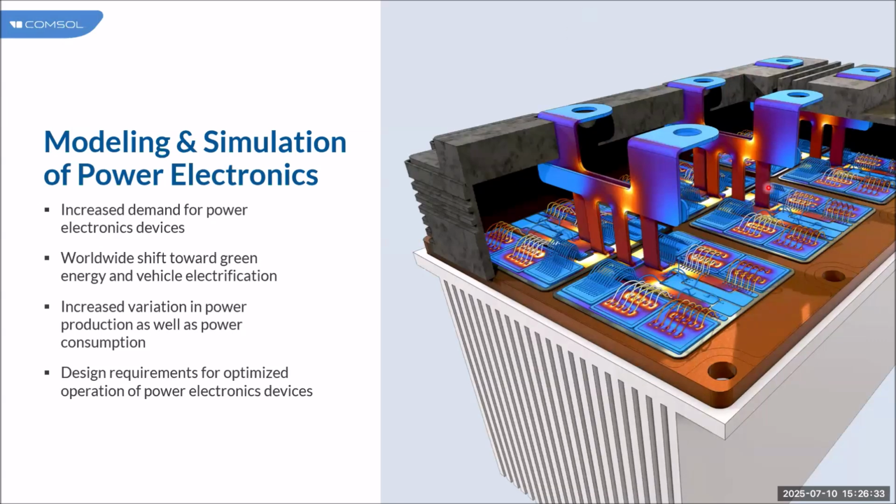This is such an example used in industry with power electronics. So we can model both the semiconductor level aspect, as well as the overall power module simulation in a multiphysics way using COMSOL Multiphysics.